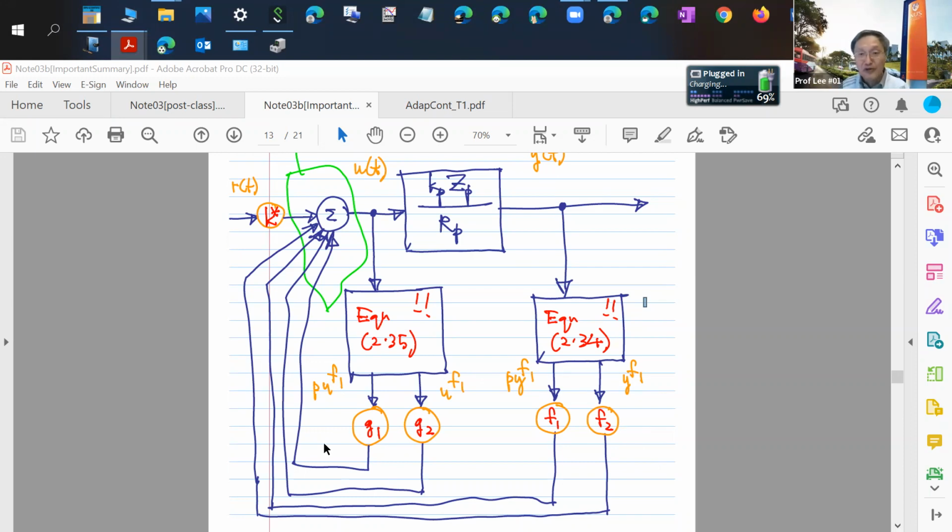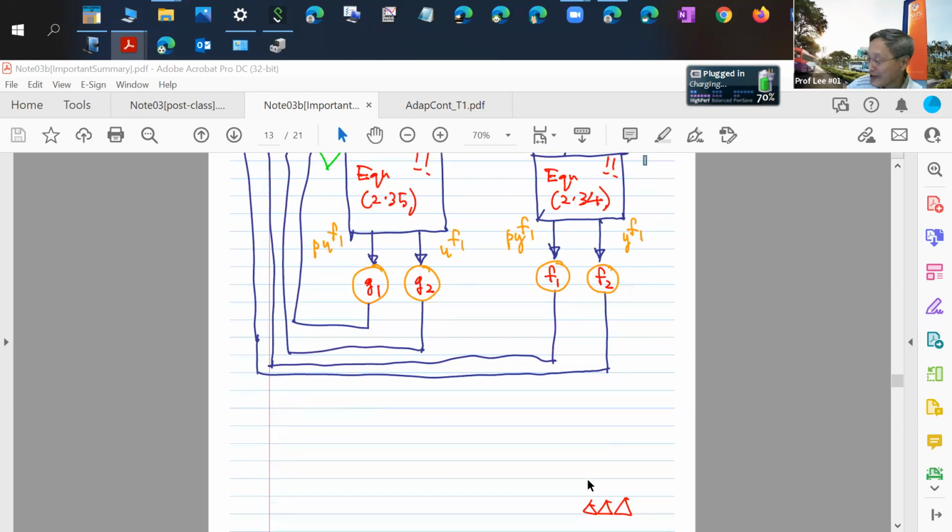Even my 4302 students can tell you: you take state variable signals, multiply by gains. You are doing state feedback. So this is also doing state feedback, except that it's state feedback in a 2N order non-minimal realization.